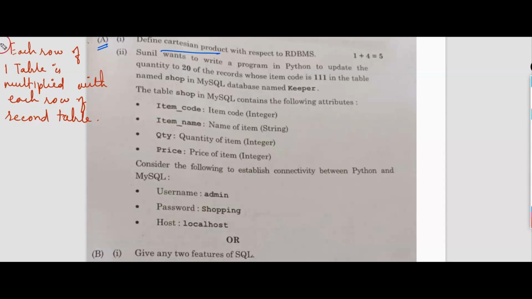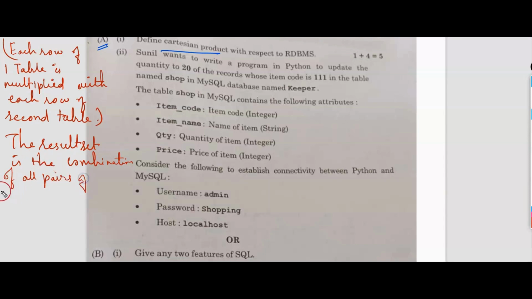So finally, what will we get? The result set is the combination of all pairs of rows from the two tables.